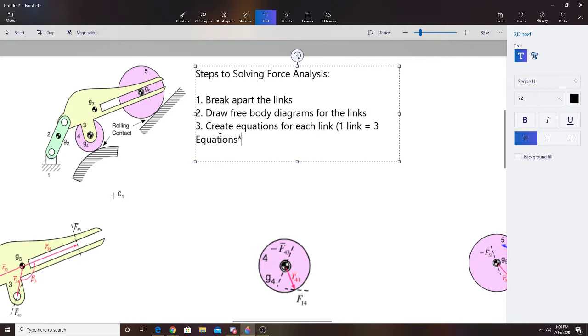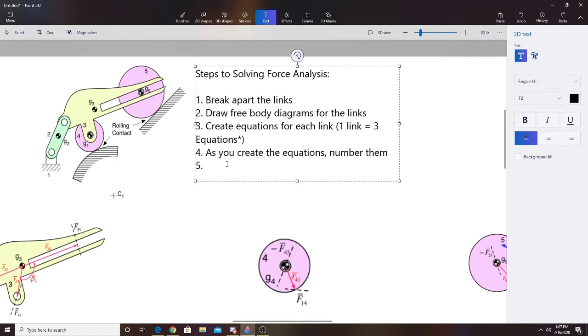But there is a caveat to that. That's why there's an asterisk there. Number your equations as you go. Yes, so make sure as you create the equations, you number them. Indeed.